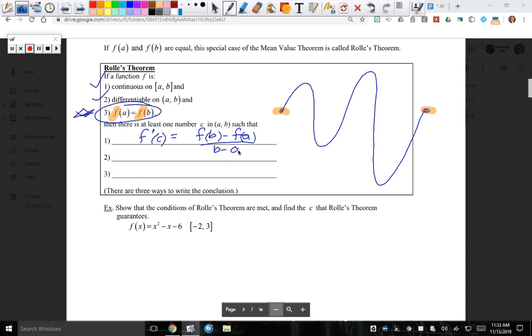But what is f of b minus f of a? If they're the same y value, 0. So definitely you're just looking for when is the derivative 0. You could say here, here, here, and here.